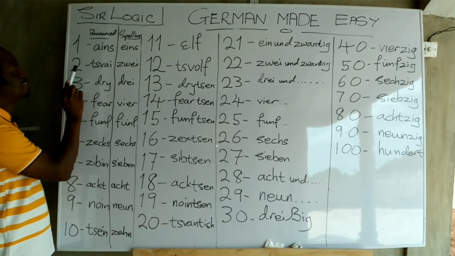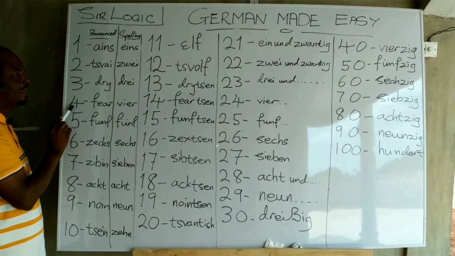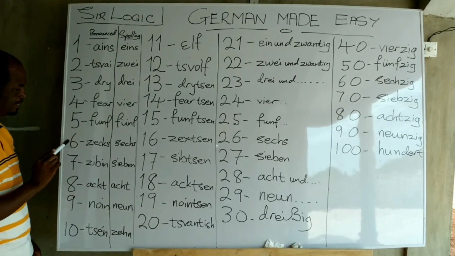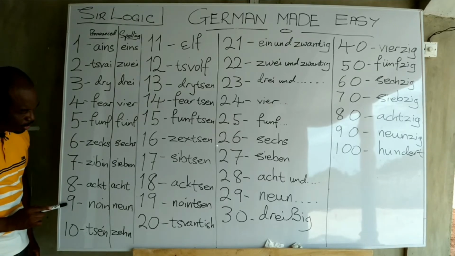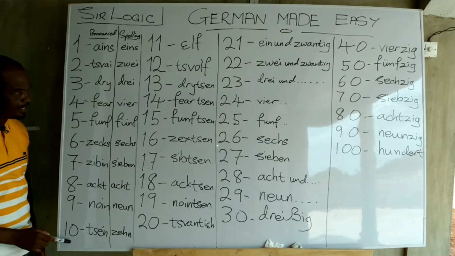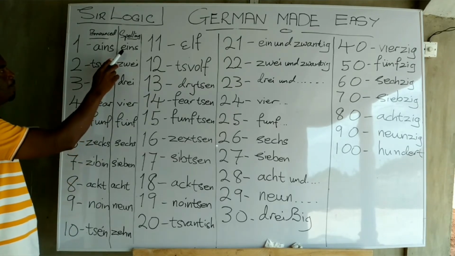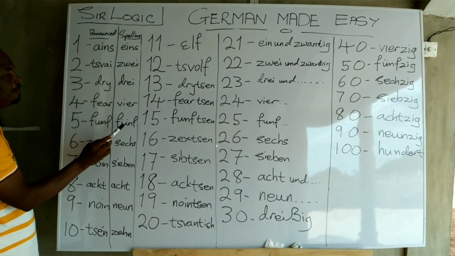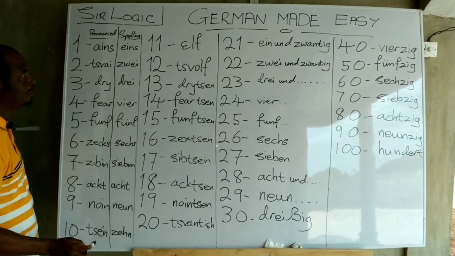Eins, zwei, drei, vier, fünf, sechs, sieben, acht, neun, 10. So this is how it is pronounced here. This is how they are spelled here. Eins, zwei, drei, vier, fünf, sechs, sieben, acht, neun, 10.